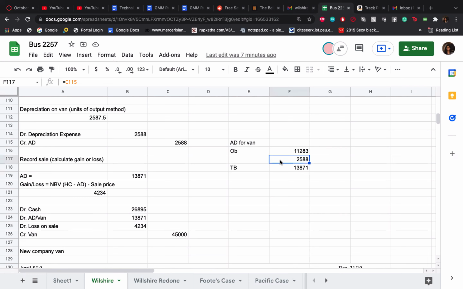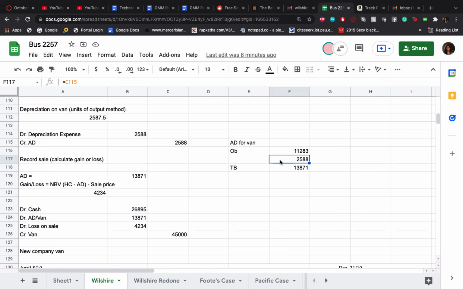So when it comes to gain or loss on sale, I believe we did this in, was it Pacific? It was one of the cases where we sold something and we had to see whether we gained or lost money on the sale. The way to do that is to see whether, if you'd sold it on the marketplace, which is technically why you depreciate things, so if I'd sold this on Kijiji, for instance, would I have gotten a better deal than this dude gave me?